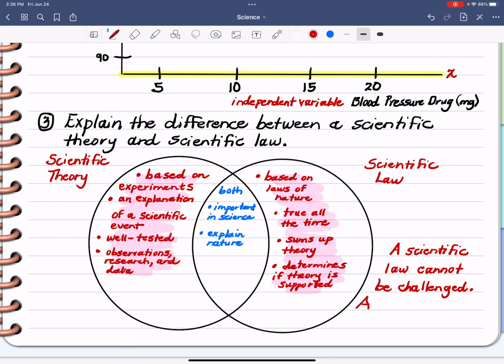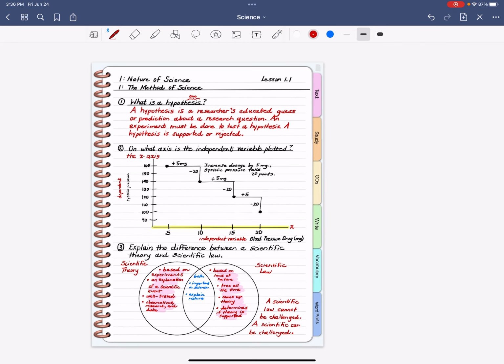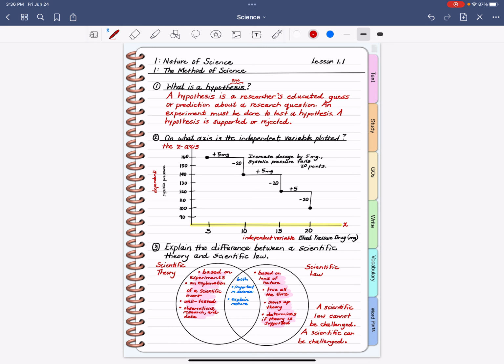A scientific theory can be challenged. You can test a theory, but you can't test a law. The law's already been tested, and it's proven every time to be true. So that would be one way to answer that question. But I did want you to see a Venn diagram.